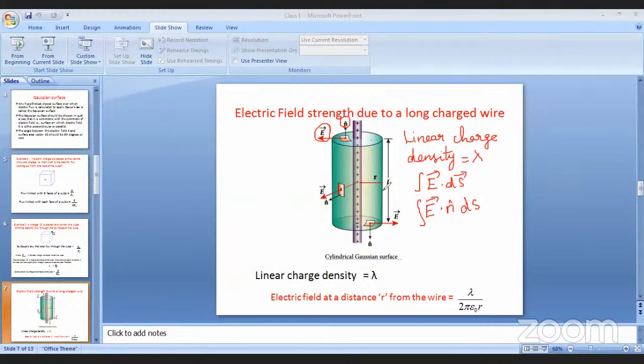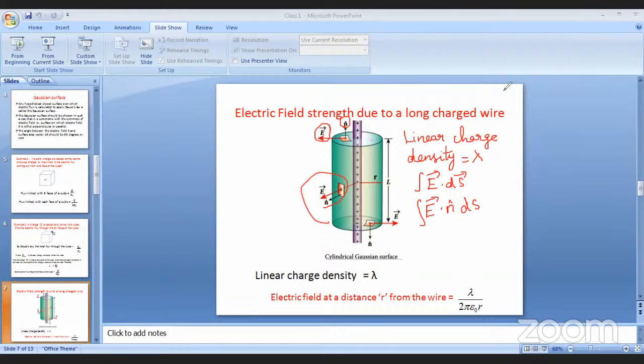But along the curved surface of the cylinder, both are parallel to each other, so the integral won't vanish. From this we calculate the electric field, which is given by lambda by 2 pi epsilon 0 r. We are not bothered about the derivation part, since you might have already studied it in detail in your 12th grade.